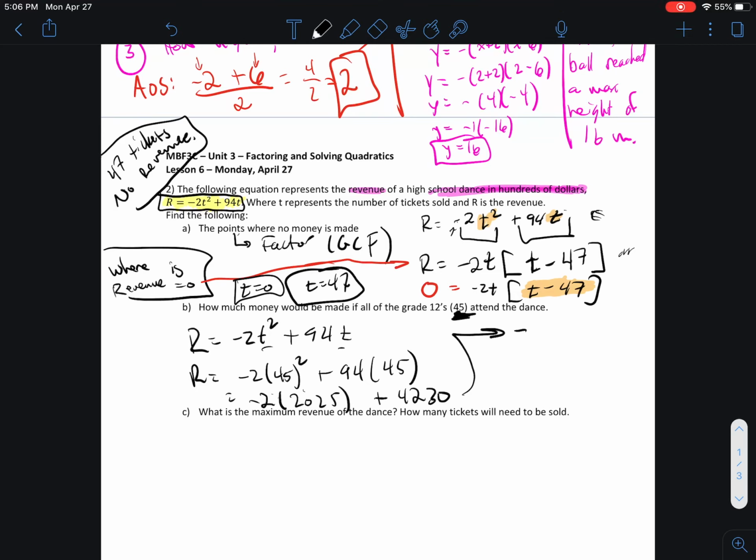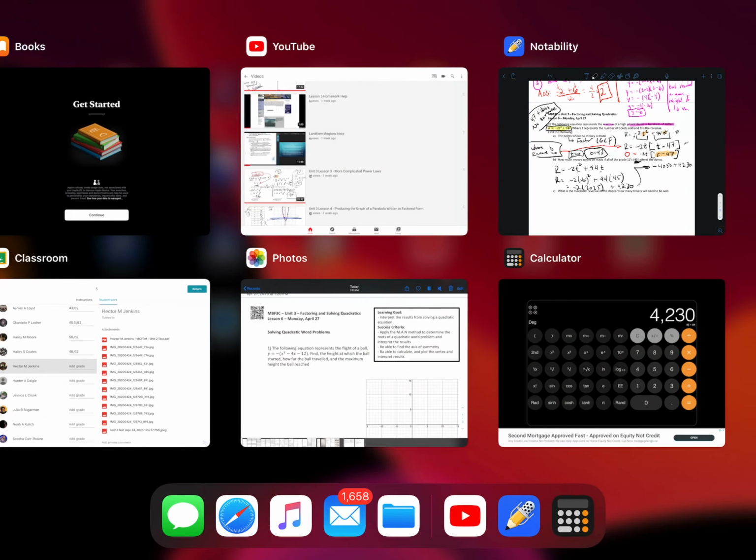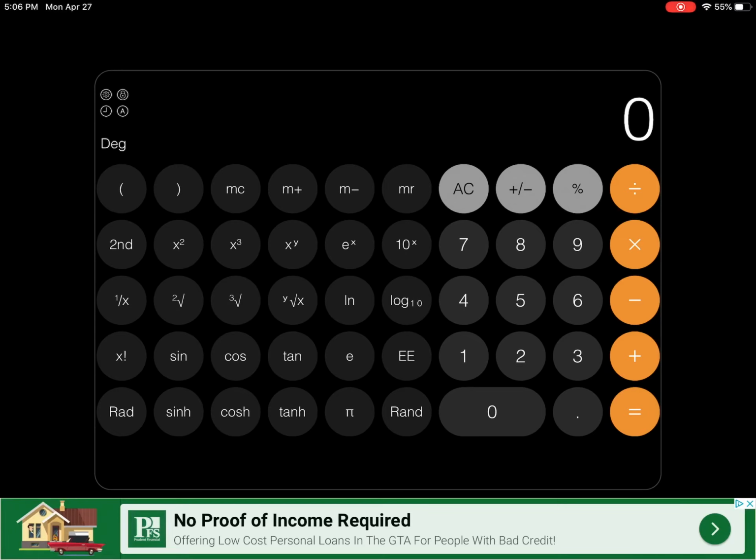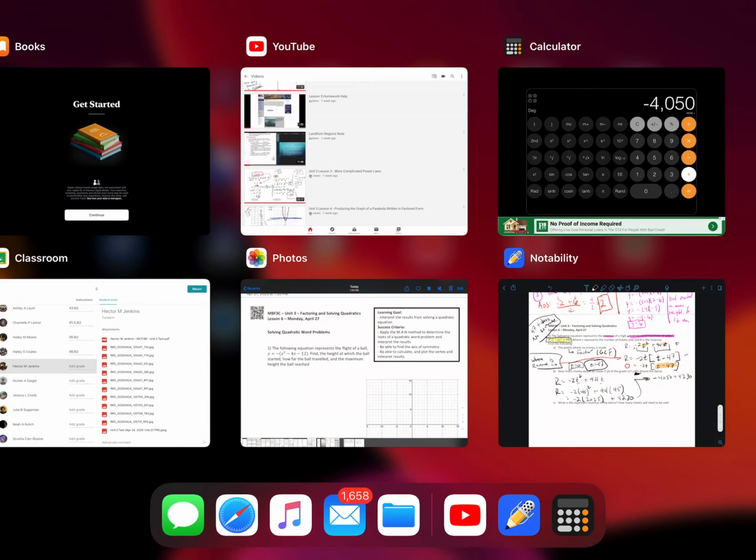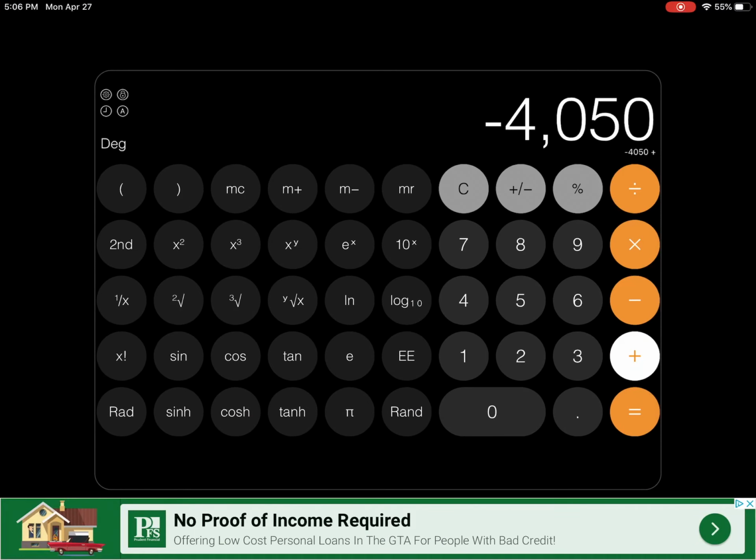I'm just going to multiply 2025 by negative 2, so it's going to be negative 4,050 plus 4,230.